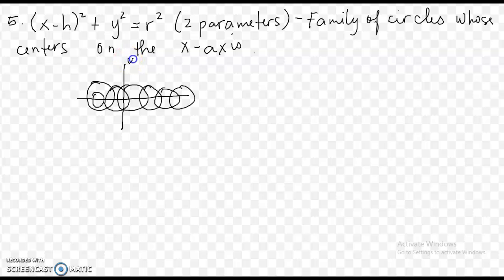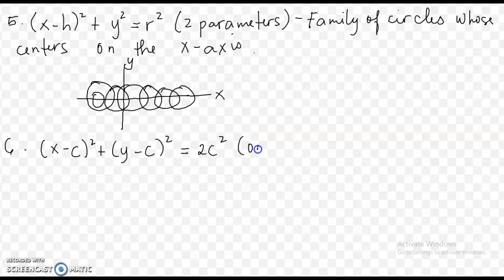This one is your y-axis, and this one is your x-axis. Number 6, (x minus c) squared plus (y minus c) squared equal to 2c squared. This one is under the 1 parameter.